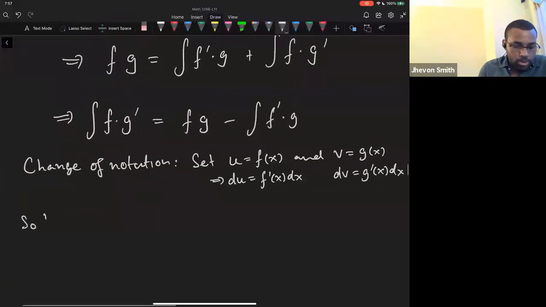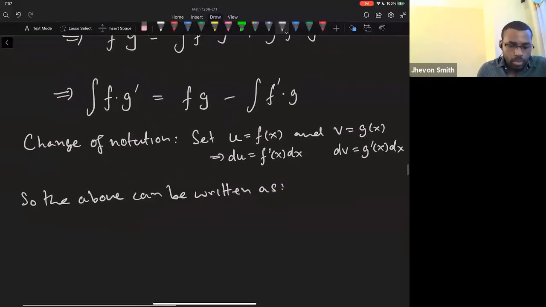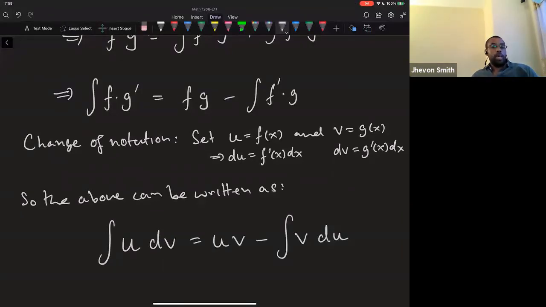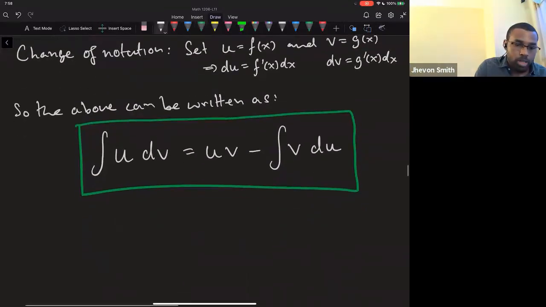And so the above can be written as the following. The integral of u dv, right? Because g prime dx is going to be dv just by the differential, is equal to u times v minus the integral of v du. And that, ladies and gentlemen, is our formula. This is called the integration by parts formula.